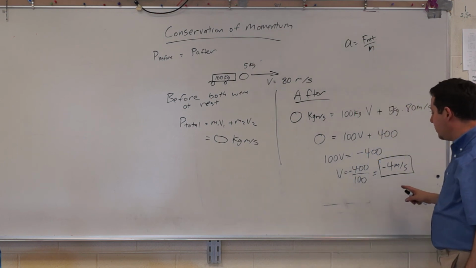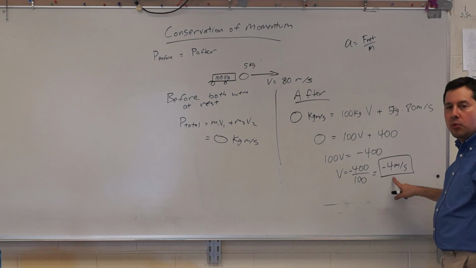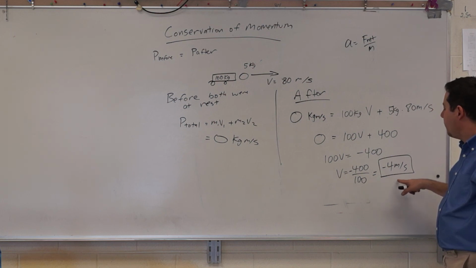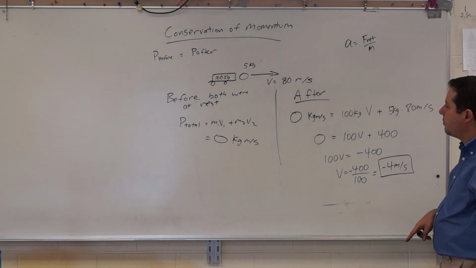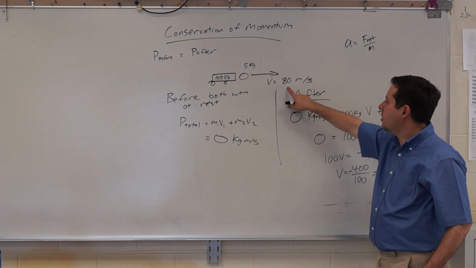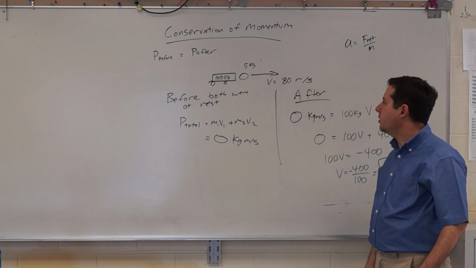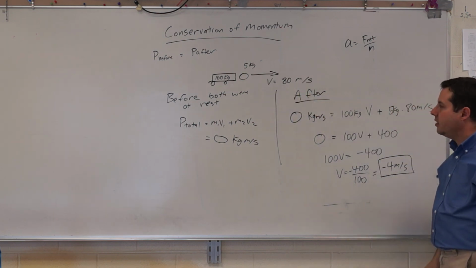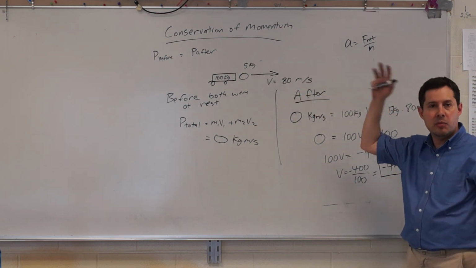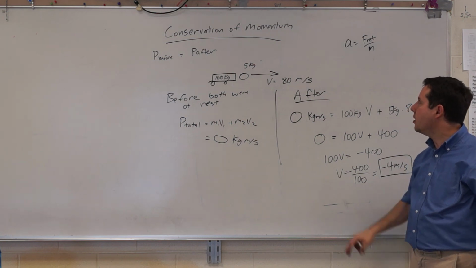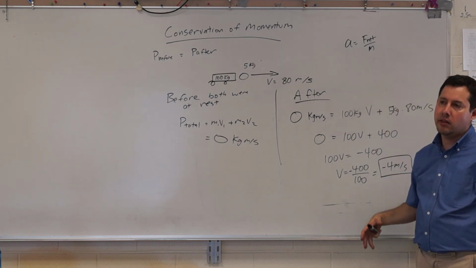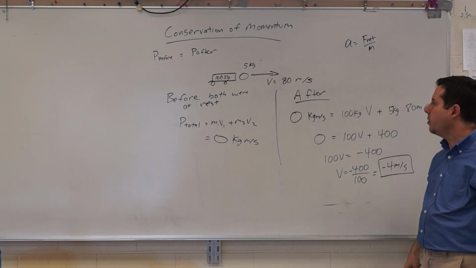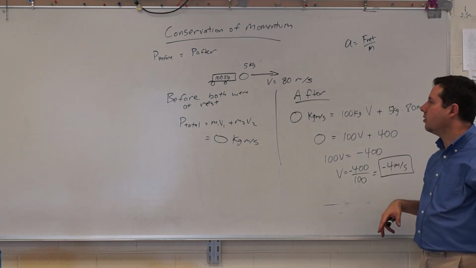So in this case, the massive object only comes out at 4 meters per second after the launch. This object comes out at 80 meters per second after the launch, which tells you that this must have had a much bigger acceleration than this did. And in fact, conservation of momentum, this whole thing comes out of Newton's second law, in large part, and Newton's third law, applying them. And you can tie them all in together along with impulse.